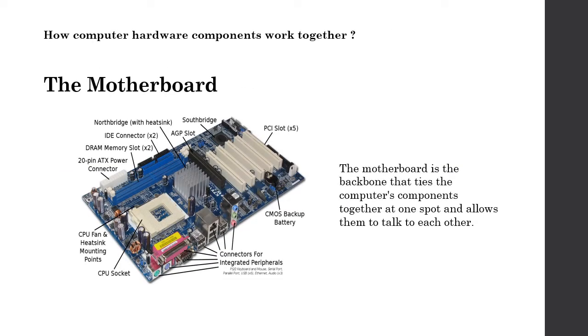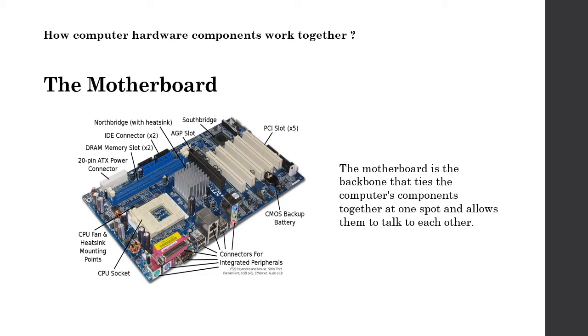Next, how computer hardware components work together. The computer hardware components work together with the help of the motherboard. Now we will see about the motherboard. In this you can see that all computer hardware is attached to the motherboard.